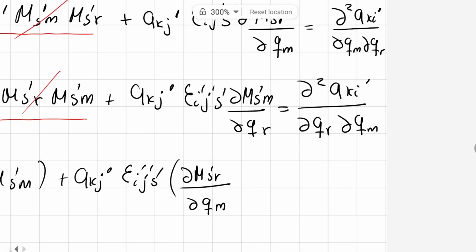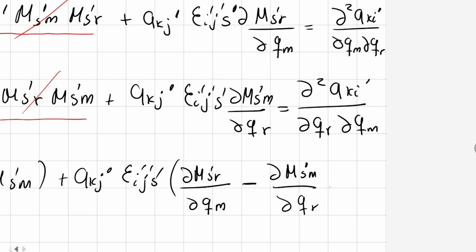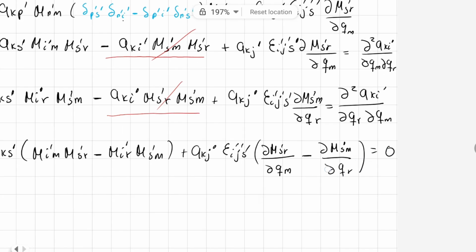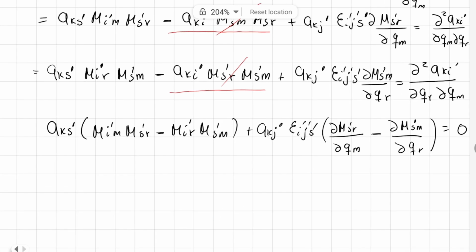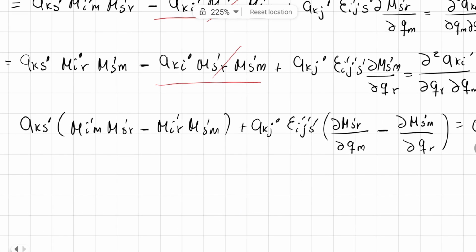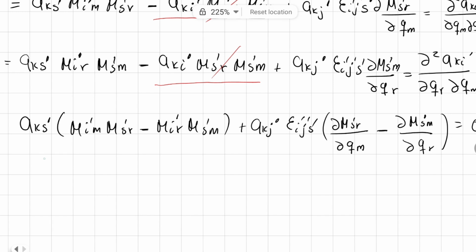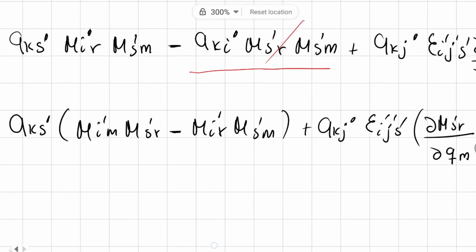We have this, and this is minus the partial of M S M with respect to Q R equals 0. Okay, perfect. And here is what we are going to do. In this expression, actually, we are going to switch the S for a J.